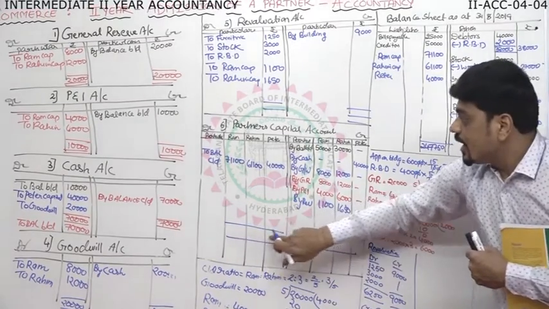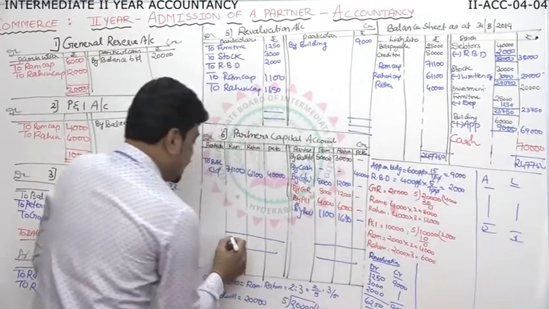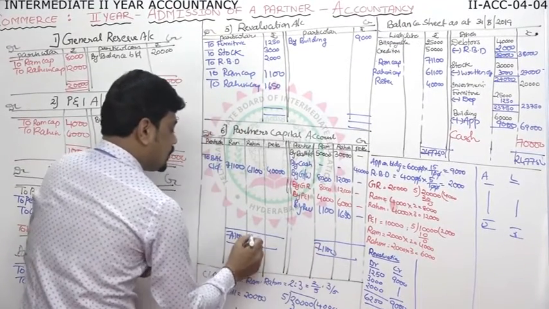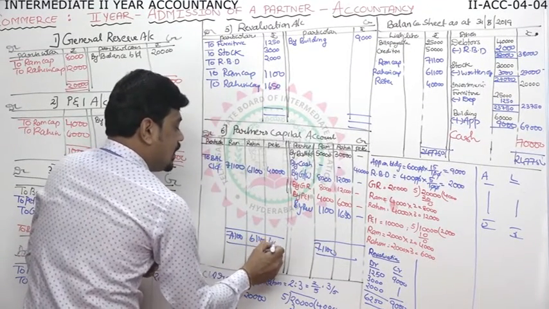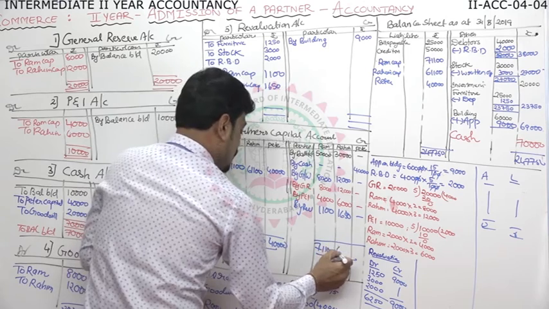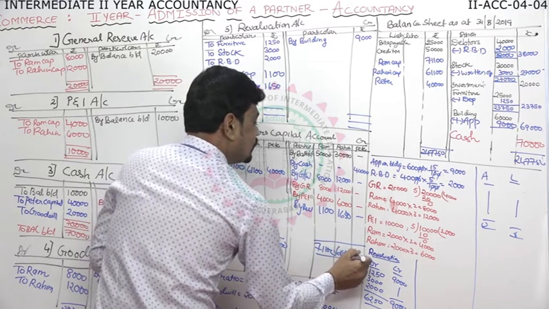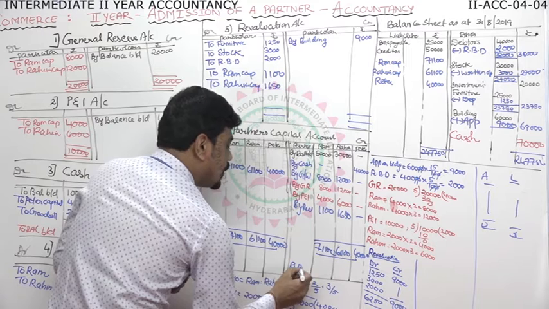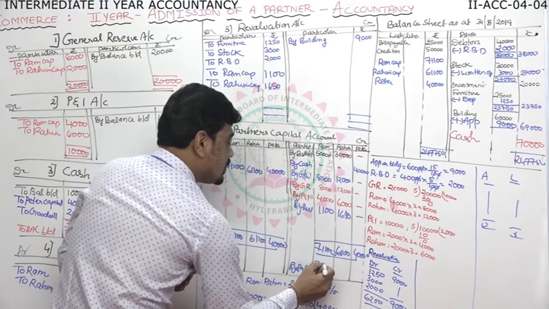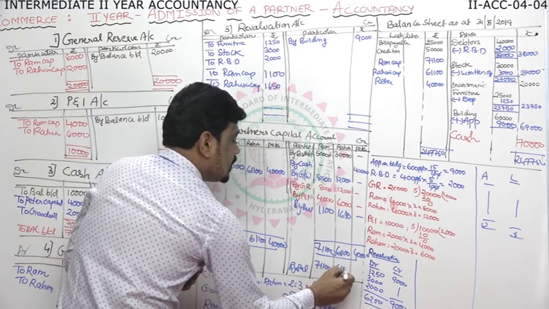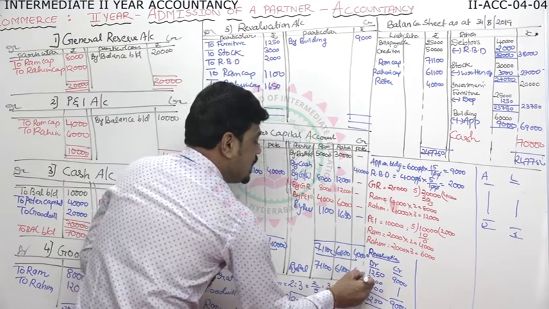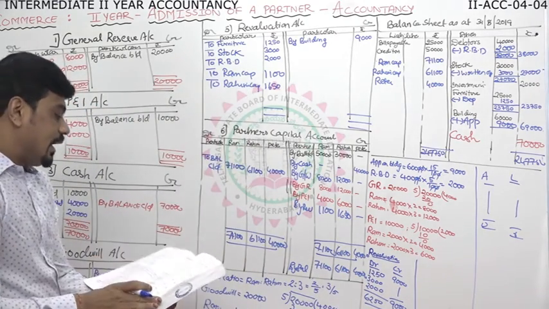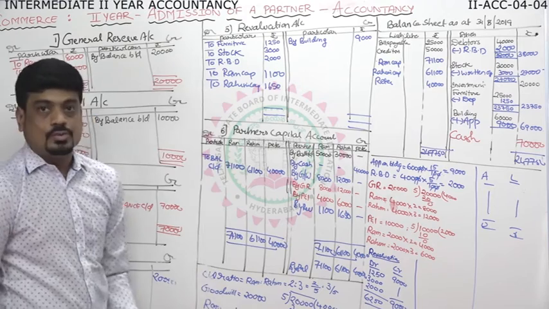Here we write the totals, 71,100, 61,100, 40,000. Then it's better to bring down the balance: by balance 71,100 and 40,000. Like this, we can do the problem and get the workings also.